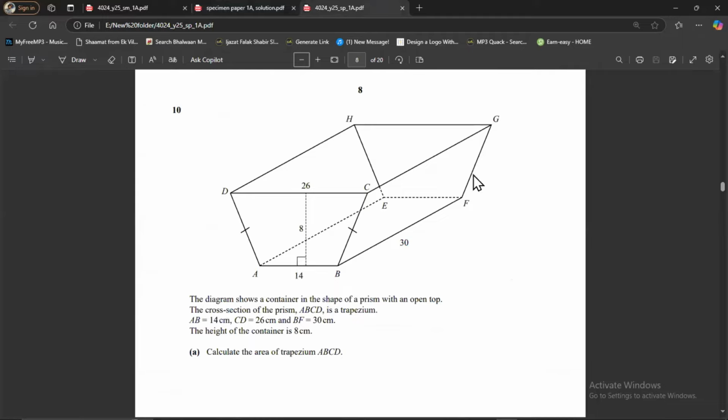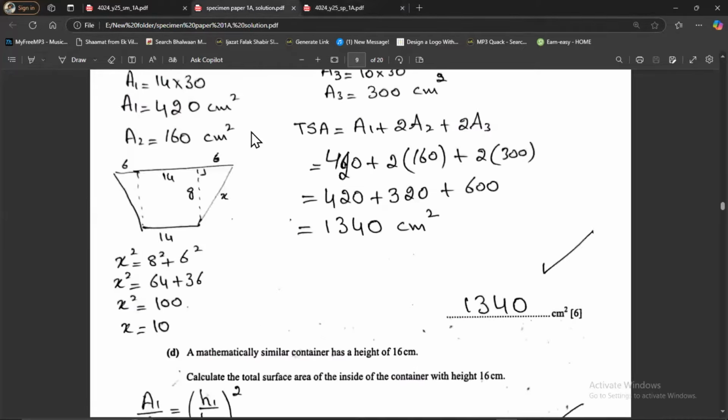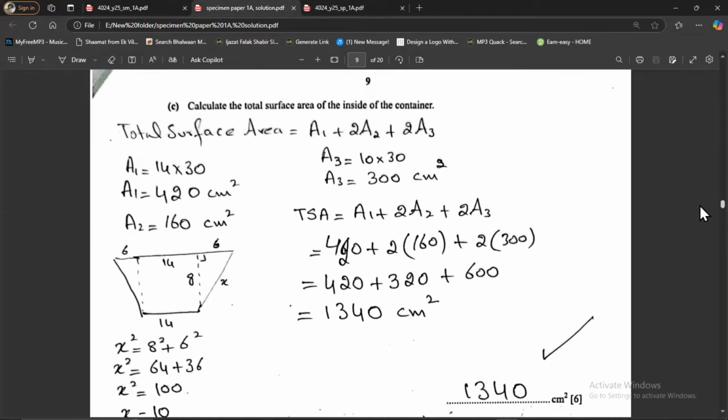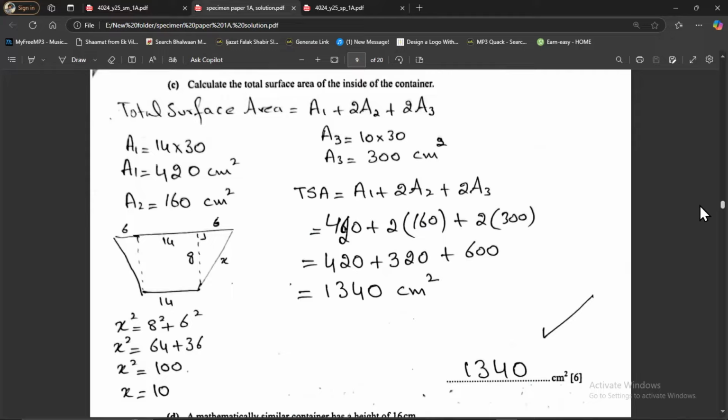So this is a rectangle, you see BCGF. This is 30, this is 10, so I can find its area. It will be 10 multiplied by 30, so it will be 300. Now the total surface area will be the floor, the 2 walls which are the shape of a trapezium, and 2 walls which are the shape of a rectangle.